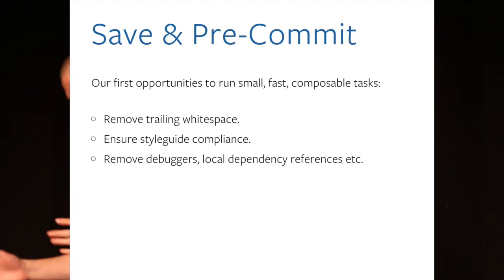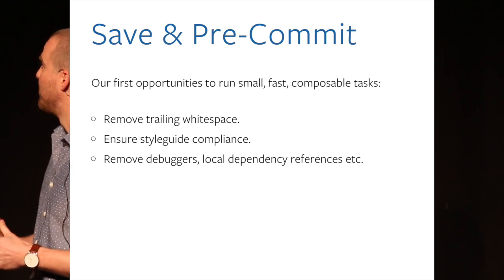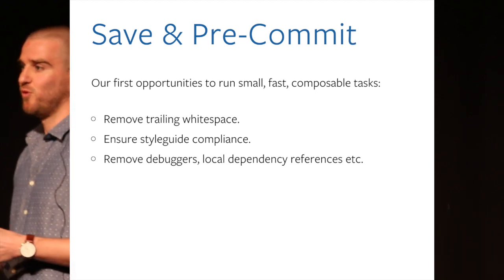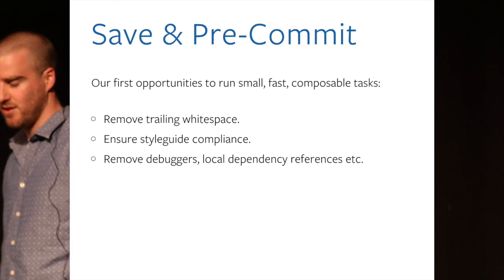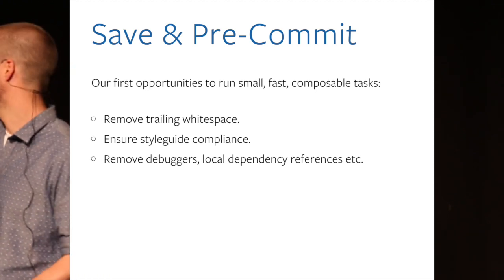With style guide compliance, I personally don't believe it matters what particular style we write our code in, as long as we all buy into the same philosophy and the same code. What we want to avoid is arguments about semicolons and brackets. These are things which should just be handled up front.